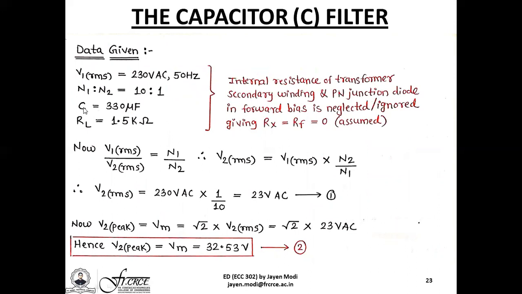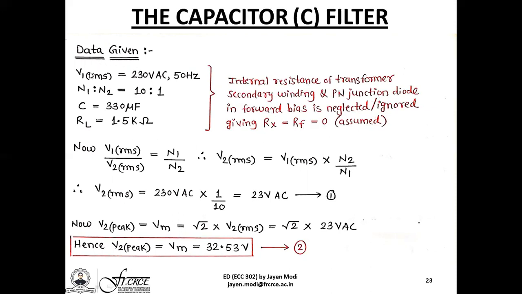You are also given the values of C and RL, 330 microfarads, and RL is equal to 1.5 kilo ohms. Here, the internal resistance of the transformer secondary winding and the PN junction diode in the forward bias mode of operation is ignored, giving Rx and Rf both as 0.